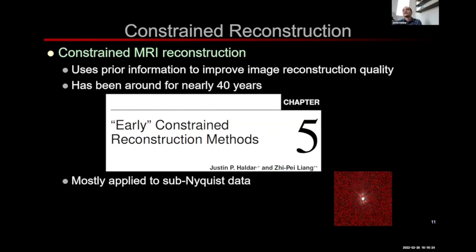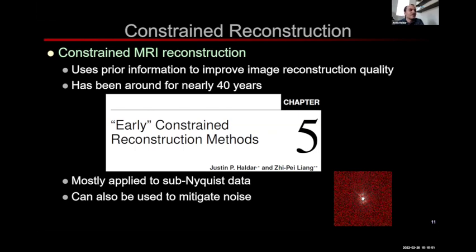But when you look at the way constrained reconstruction is used, it's mostly applied in MRI and in the modern literature. It's mostly applied to reconstruct data that is acquired below the Nyquist rate. It's used in sort of these high signal to noise ratio scenarios, and it's used for acceleration rather than to try and improve noise effects.